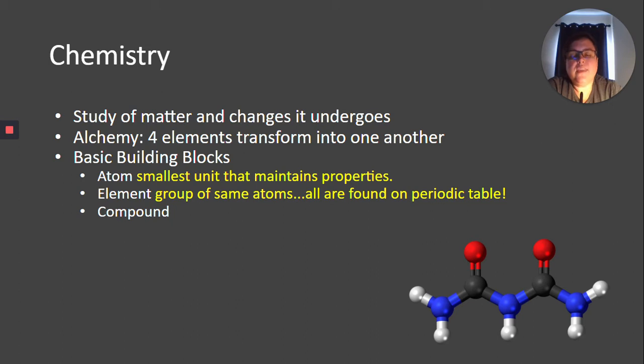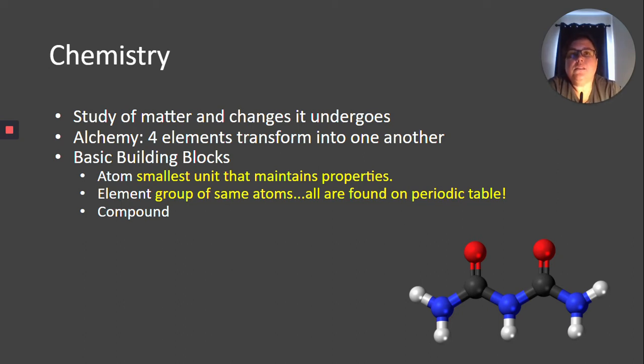Only those things on the periodic table are elements. So if you are looking at a list of words and you can't find that word or you can't find that substance on the periodic table, it's not an element. It's probably a compound or a mixture. So elements, single atom, all the same atoms, they have the same properties, same number of protons.